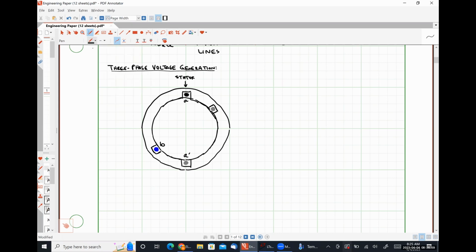The reason I'm using gray on this one is because I'm going to wind up connecting all of the prime windings together in a moment. 120 degrees out of phase with the B, we're going to have our C winding like so. I'm going to put a red dot here, gray dot here, and label these C and C prime respectively.